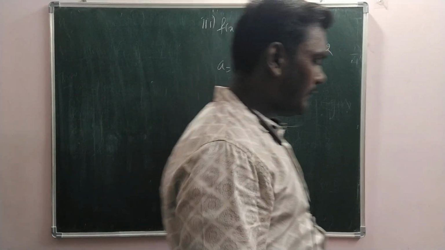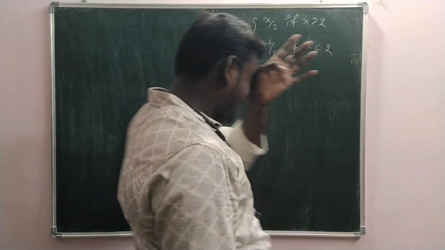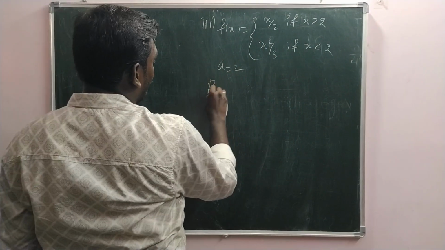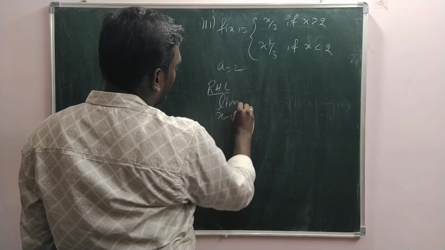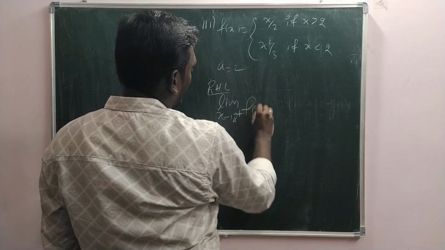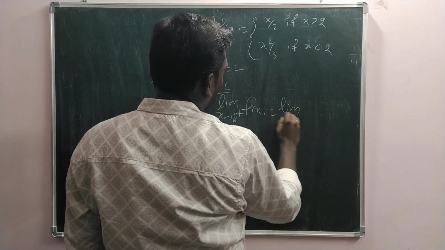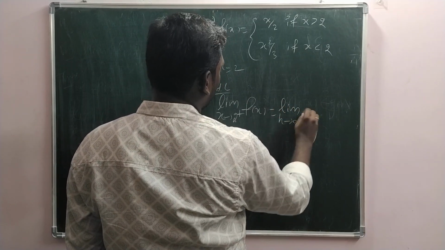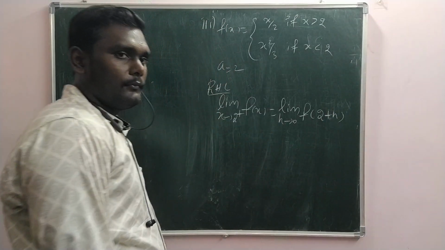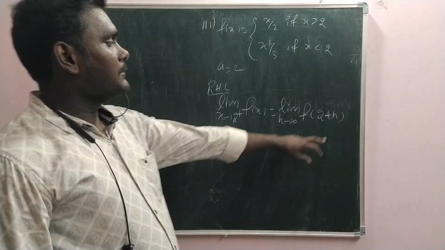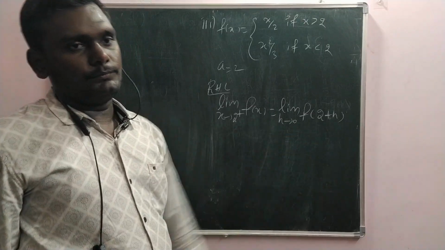That means you should be checking left limit and right limit. Okay. Simply apply the right hand limit definition. What is the right hand limit definition? Limit x tends to 2 plus f of x is equal to limit h tends to 0 f of 2 plus h. Okay. So 2 plus h means it is more than 2 or less than 2.